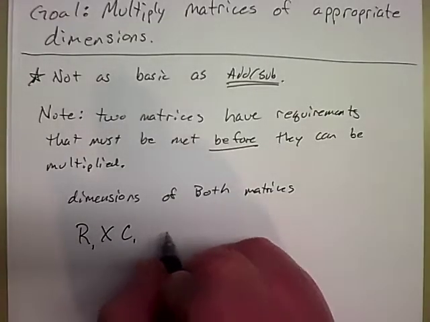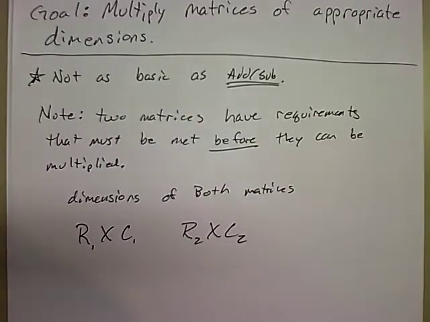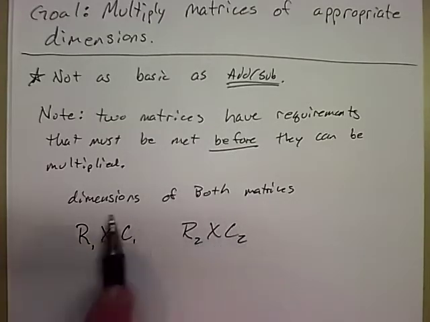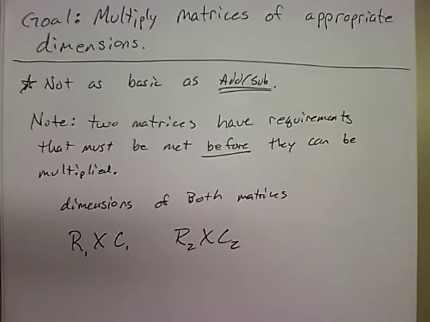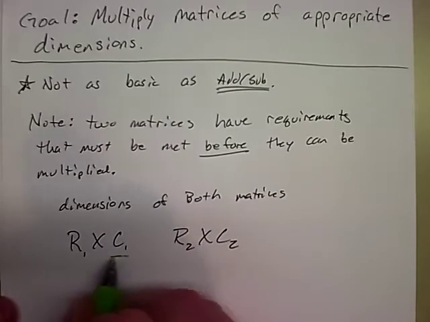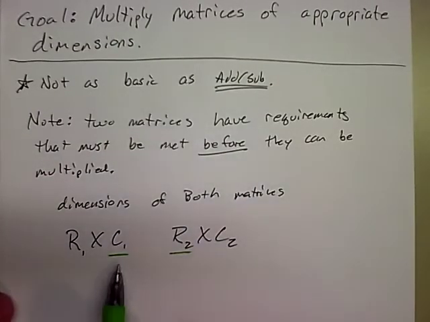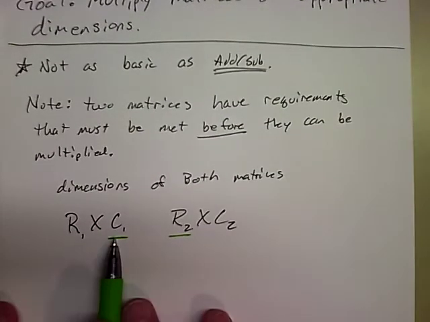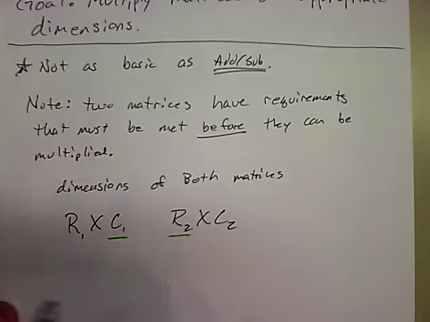We're going to multiply that with a second matrix, right? Row 2, column 2. So this is the second matrix. So the size of the first and the size of the second. Now, in order for this to work, these numbers must match, okay? If the column of the first does not match the row of the second, then you cannot multiply them, okay?